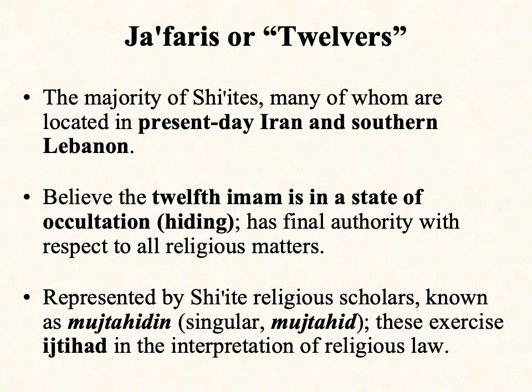He's in this state of hiding. So his will is represented by Shiite religious scholars known as mujtahideen, singular mujtahid, who exercise what's known as ijtihad, the interpretation of religious law, right? How to actually apply it with respect to specific circumstances.